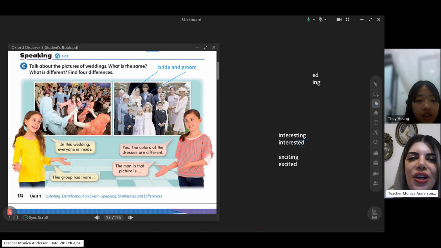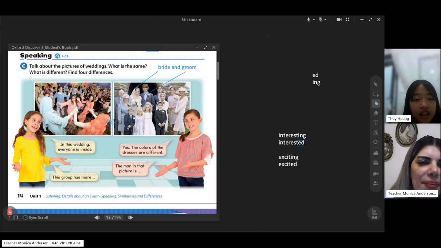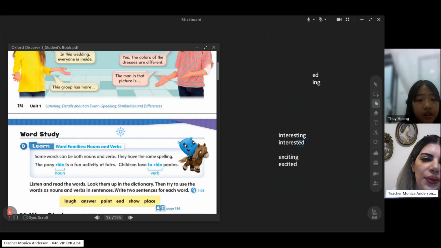In both pictures, people are happy. Yeah? Yeah. But actually, in this photo, I can see children, but in this one, I can't. Can you see children in this photo? No. No, you can't. Okay.